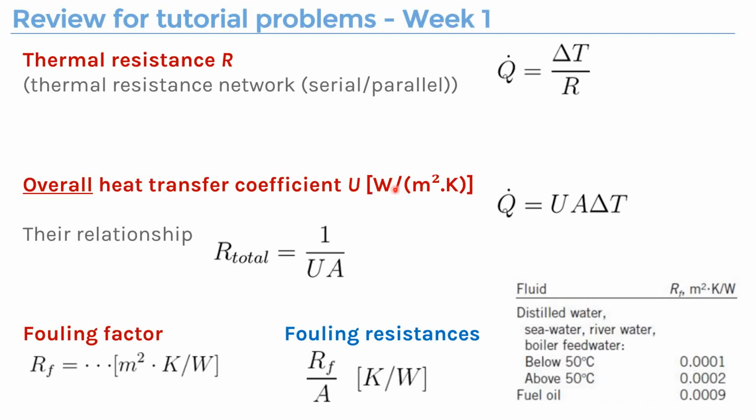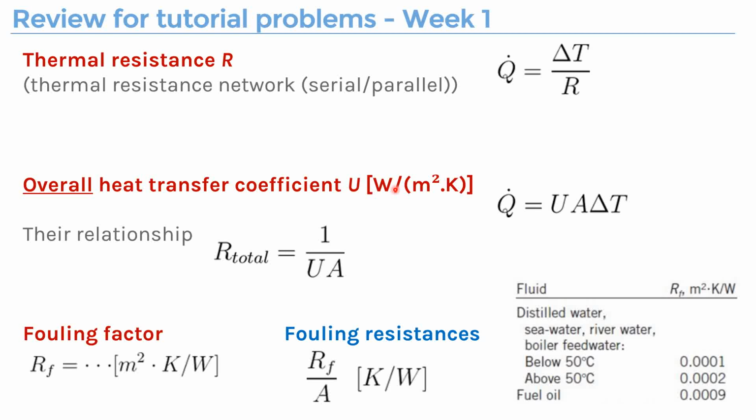Then the only new thing we need to introduce in this course is that we want to express the heat transfer in the format UA delta T. If you remember, for convection it's Q equals hA delta T. The h is the heat transfer coefficient, and convection only happens between a fluid and a surface.